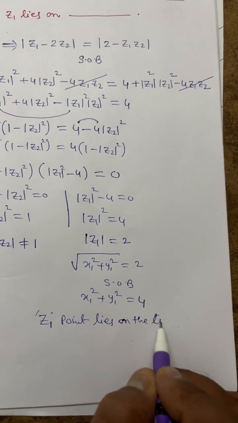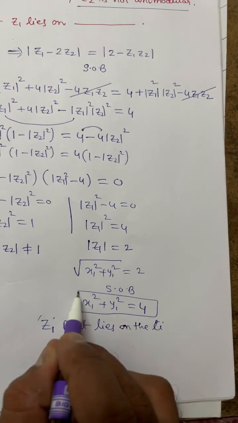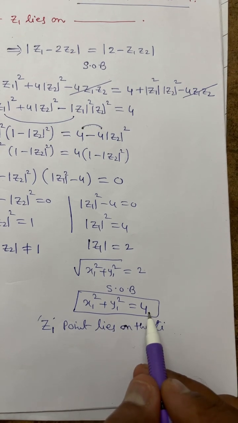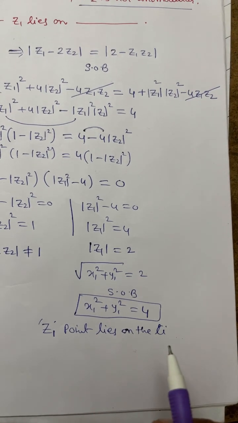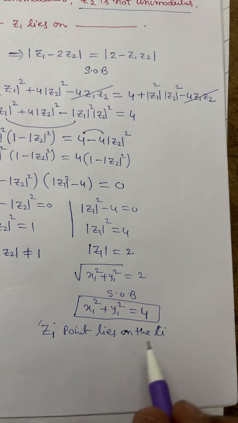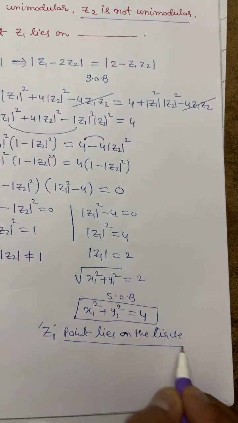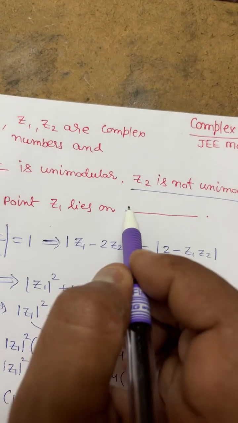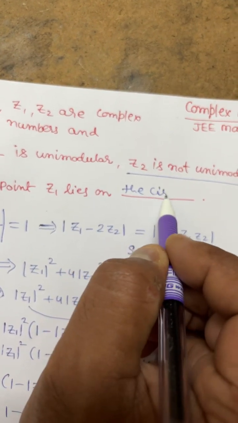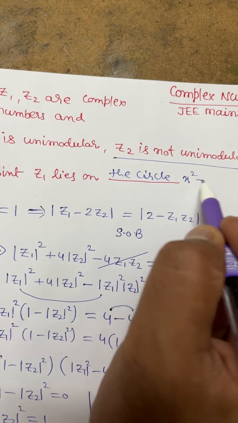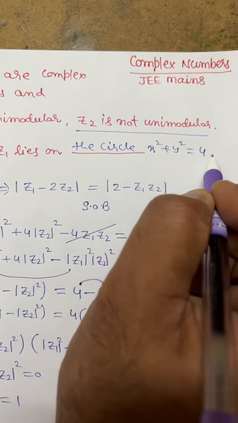The equation x square plus y square equal to r square is the standard equation of a circle. So the answer is z1 lies on the circle x square plus y square equal to 4.